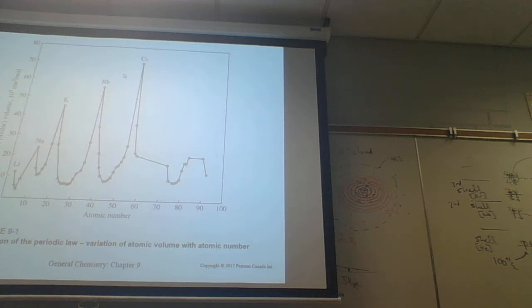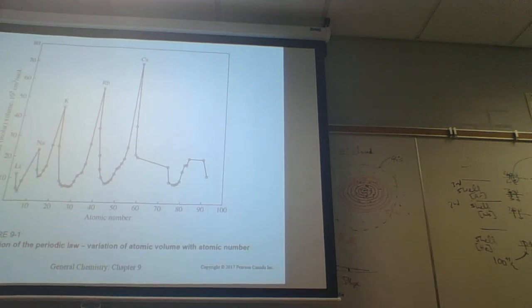So we could see the periodic properties here. When we look at it, this is atomic volume and atomic numbers. We can see easily the patterns here. And so Mendeleev could base the periodic table on atomic volume. The volume of the atom increases as we go across a row; the rows are called periods.